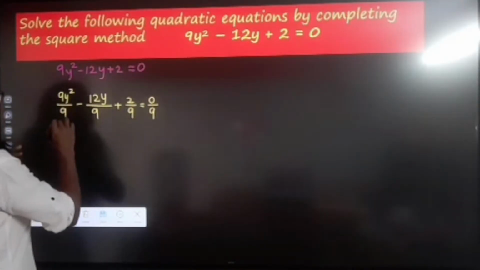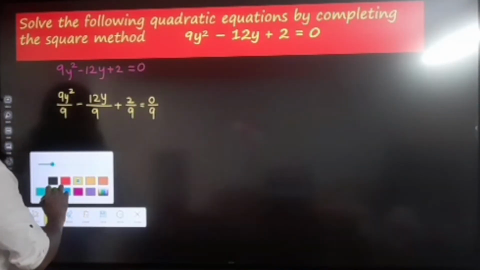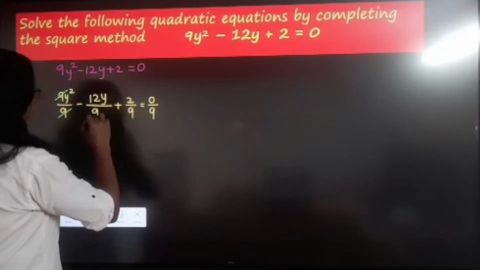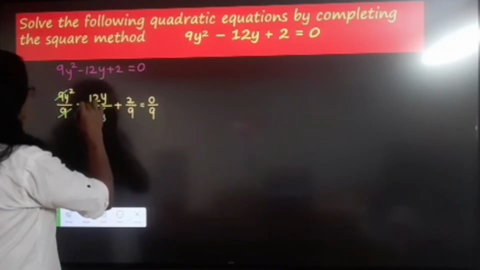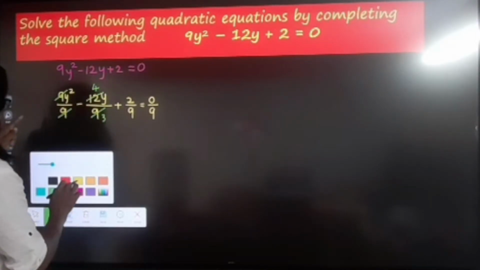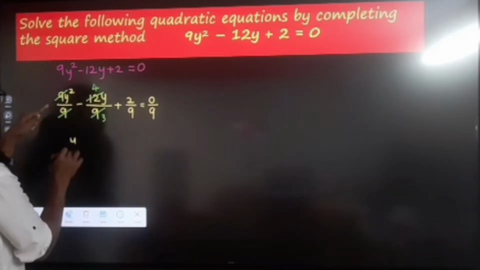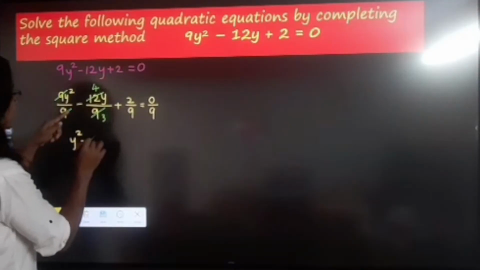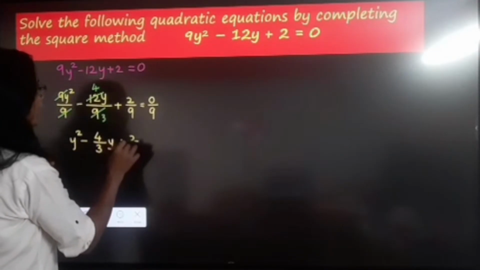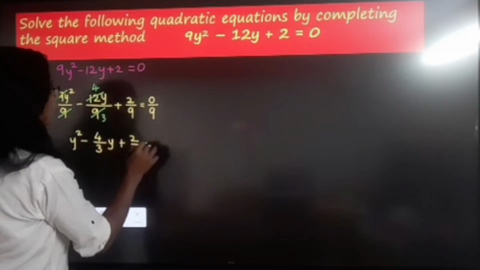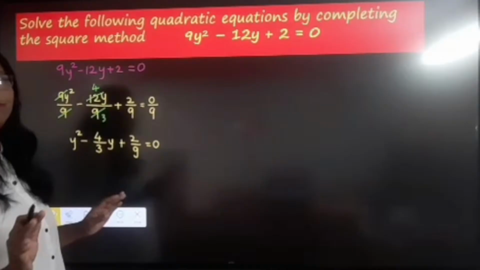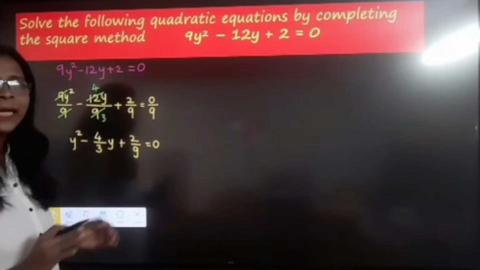See, students, here 9 gets cancelled. Here also, 3 3s are 9, 3 4s are 12. So we have y square minus 4 upon 3 y plus 2 upon 9 is equal to 0. Okay, students? So the second step is completed.